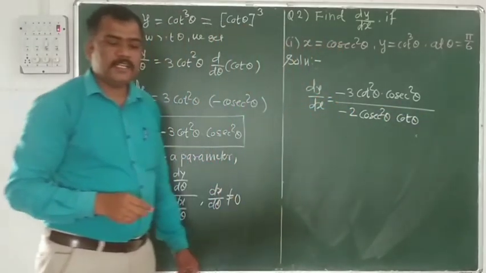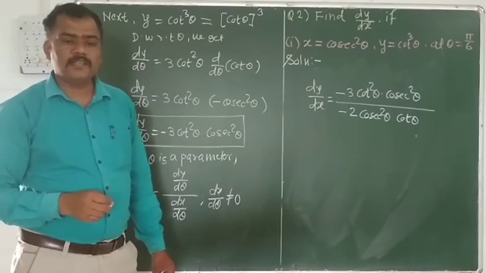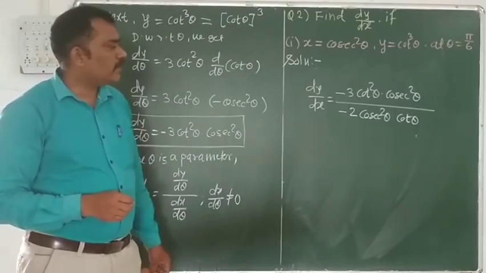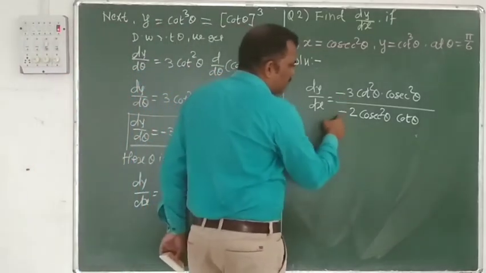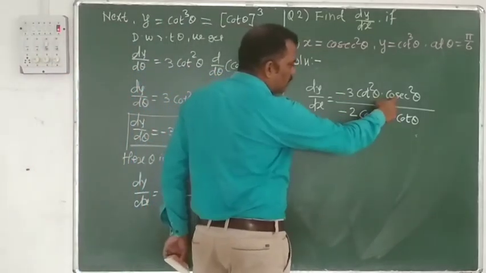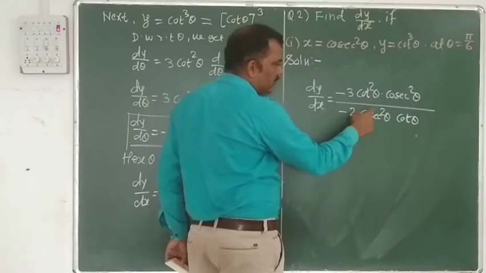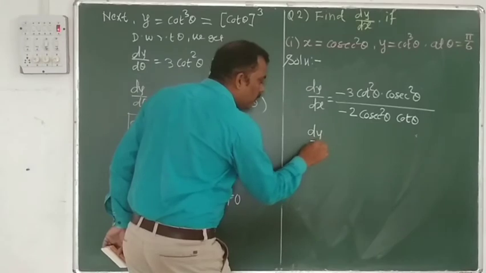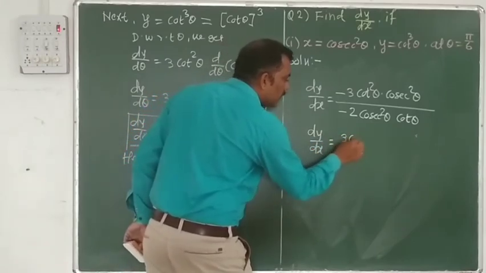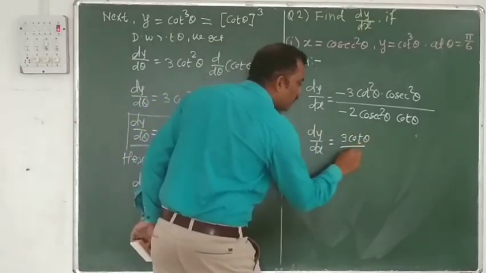Dx by d theta is nothing but minus 2 times cosec square theta into cot theta, correct? Minus minus get cancelled. Here cosec square theta, here cosec square theta get cancelled. Cot square theta divided by cot theta, so that remaining only dy by dx is equal to 3 times cot theta divided by 2.